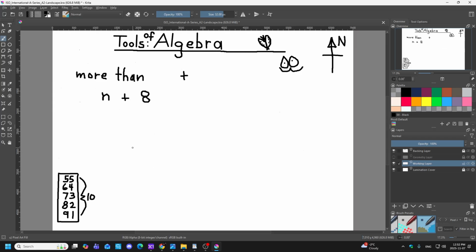One third of the original area. Okay, so we can use the small letter A for area. That is fine. It says 1/3.